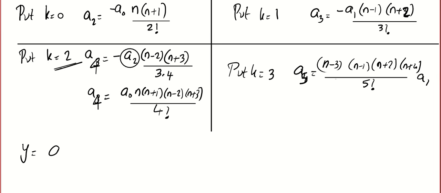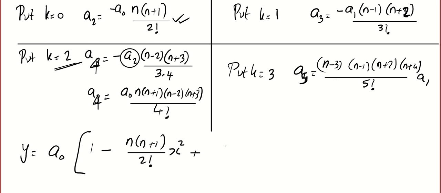I'll show you the pattern. a0 times 1 minus, the first term is n into n plus 1 by 2 factorial, and x squared will come. Then you can write these two terms n plus 1, and then move 2 units ahead and move 2 units backward.